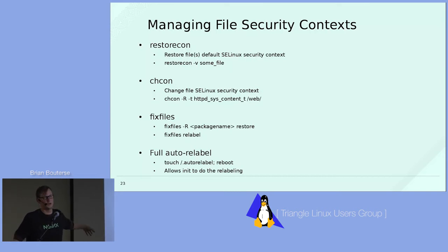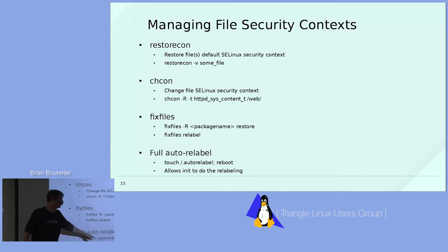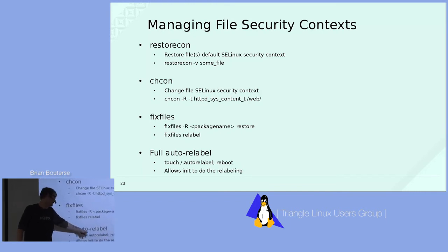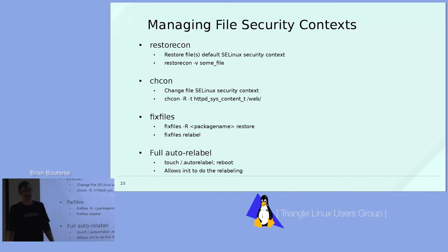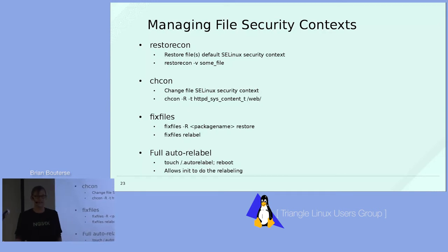So I mentioned this big autorelabel. If you want to make sure that every file on your system adheres to the policy's understanding, with the right labels, you can touch a file at the root of your system, creating an empty file named .autorelabel.